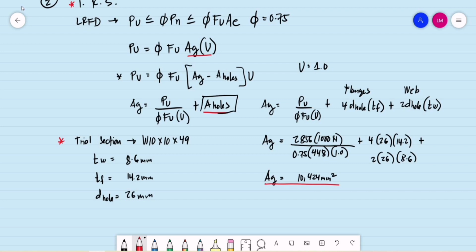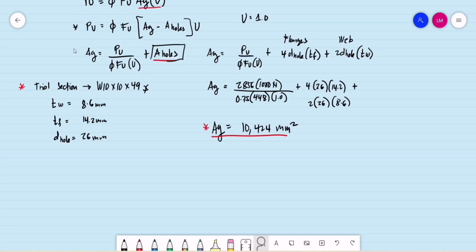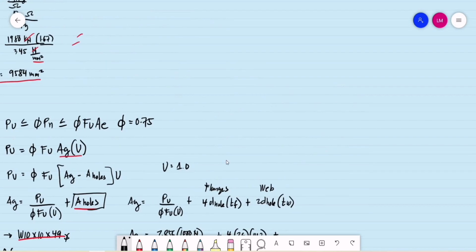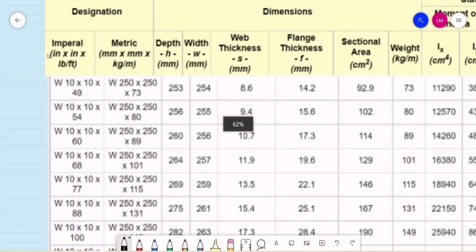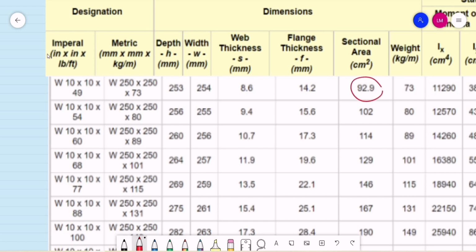So what about for the ASD? But before we proceed to ASD, let us compare the required area under LRFD for TRS to the actual gross area of our trial section. For the W10 by 49, its gross area is 92.9, but based on its unit, that is in square centimeters.